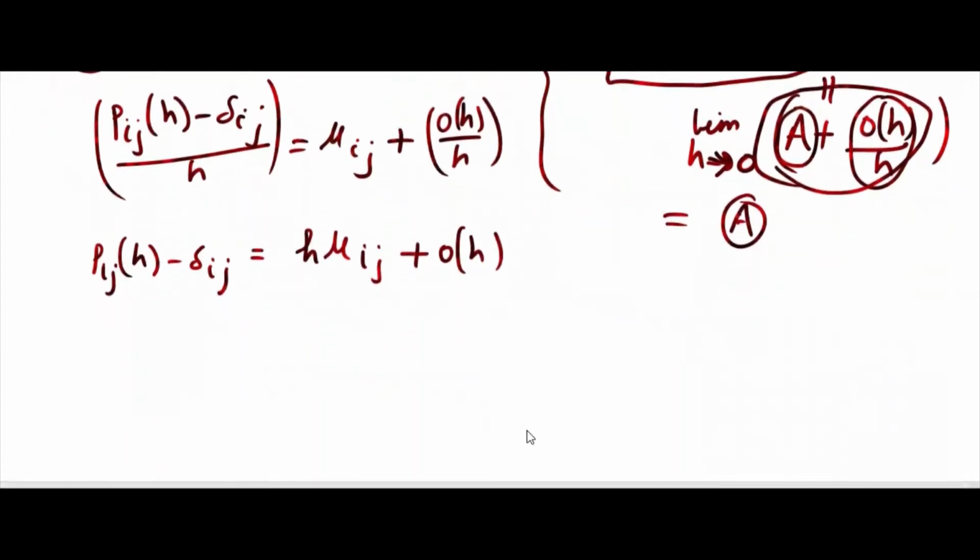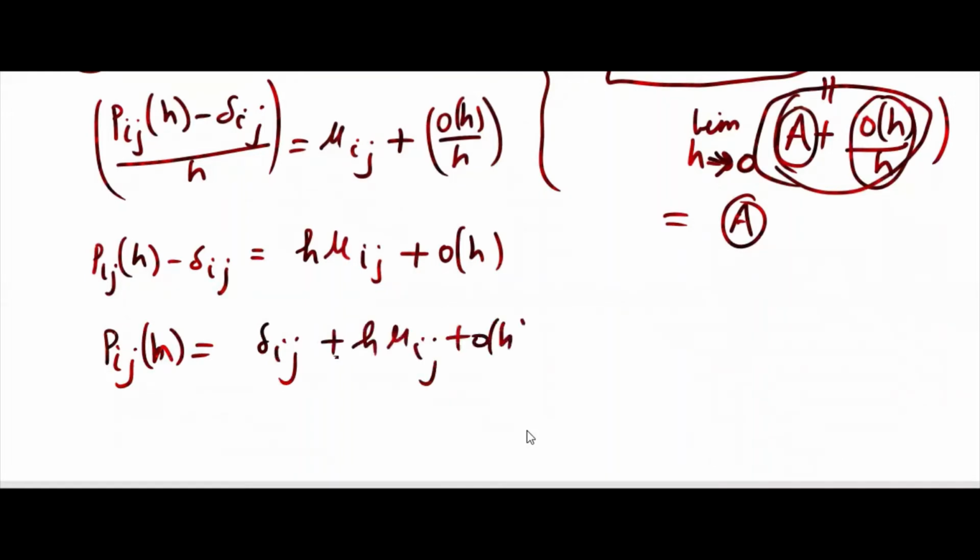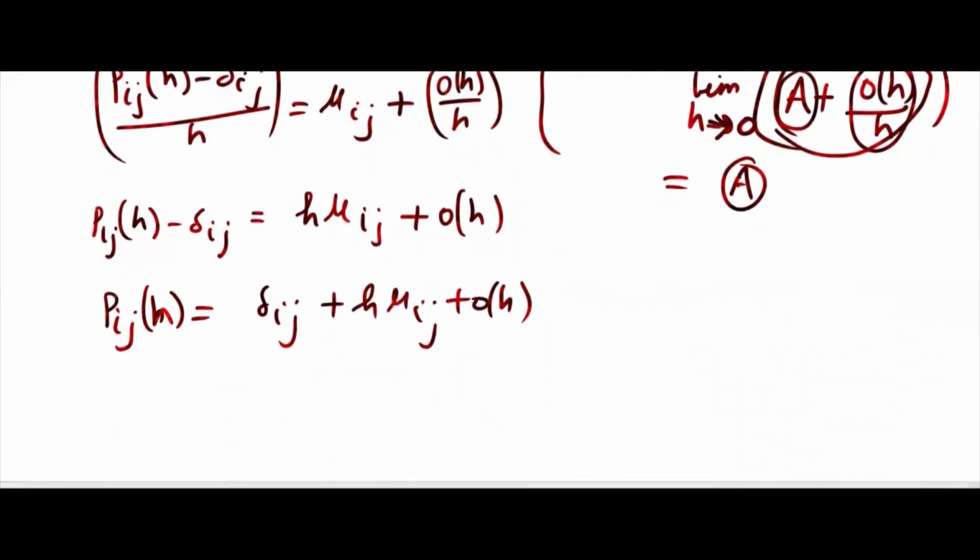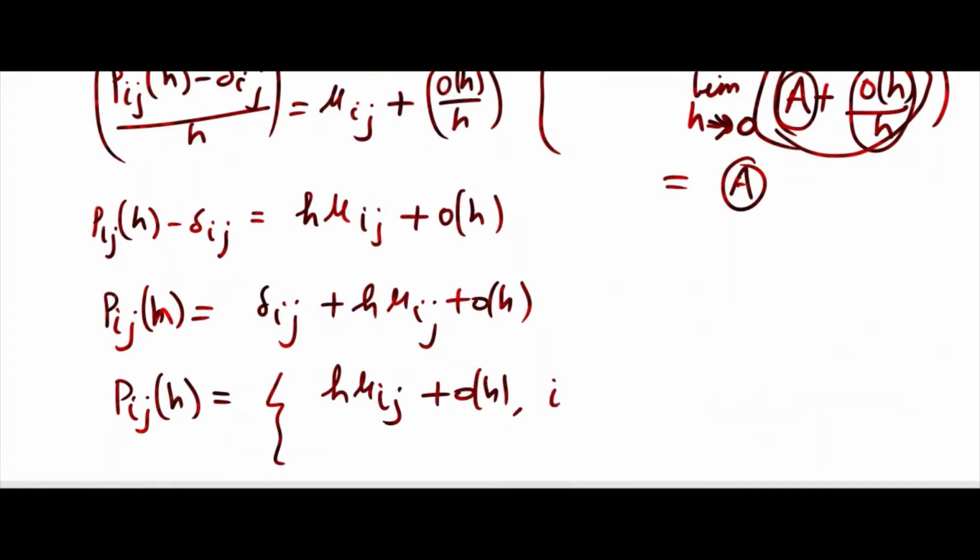Then Pij will be equal to delta ij plus h mu ij plus order of h. Then Pij h will be equal to h mu ij plus order of h when i is not equal to j, where delta ij is 0, and 1 plus h mu ij plus order of h when i is equal to j.